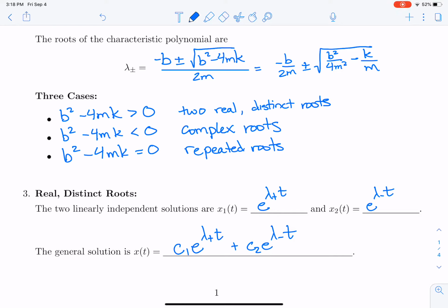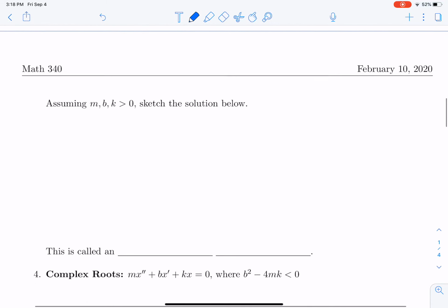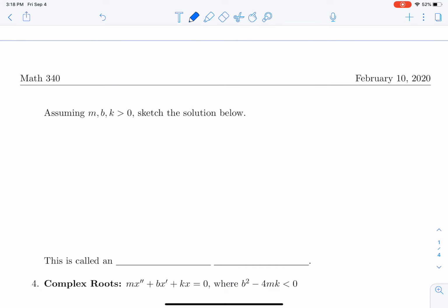Well, that tells me that lambda plus, when I take the negative term and then add the square root to it, I'm going to add something that's smaller. So lambda plus is necessarily going to be negative. So I can say that with these real distinct roots, if we're dealing with a mass spring system, lambda plus is going to be negative.